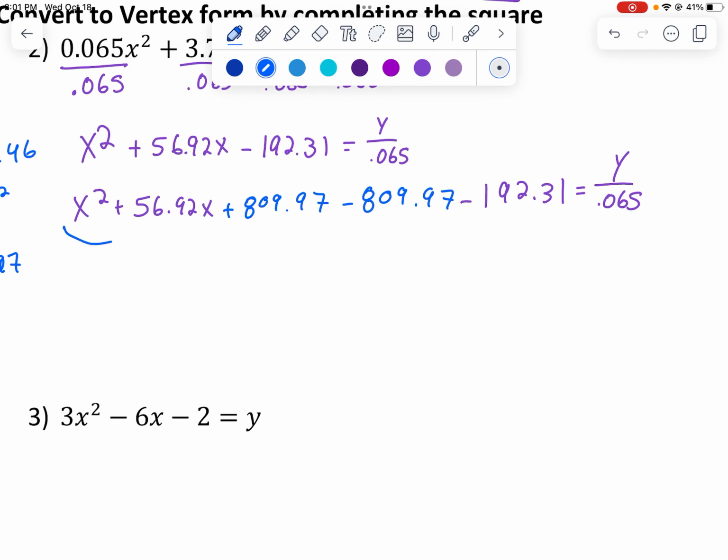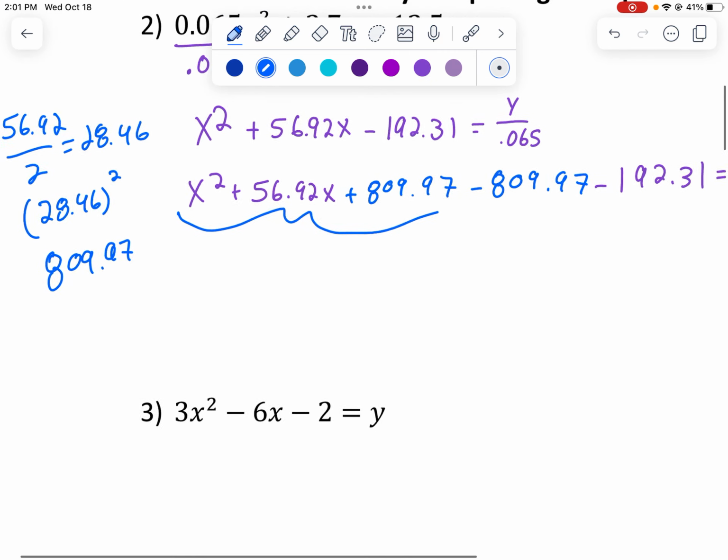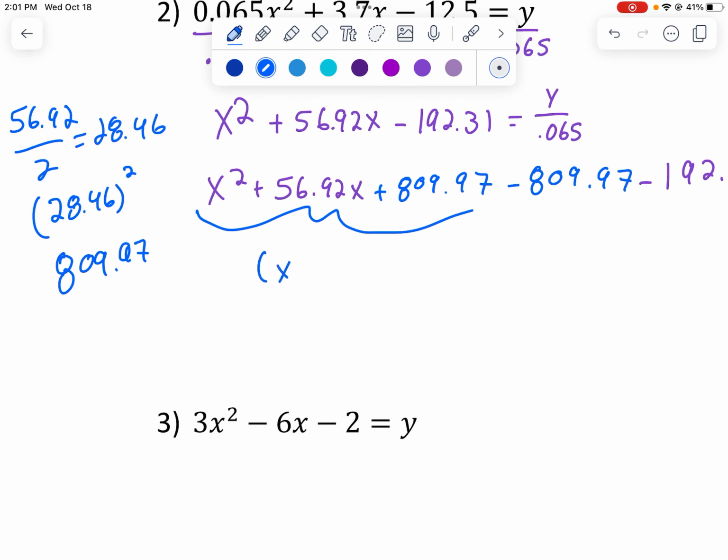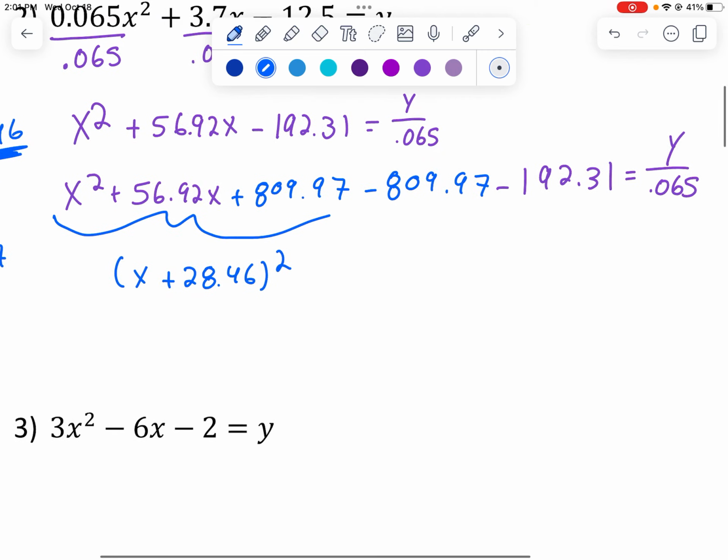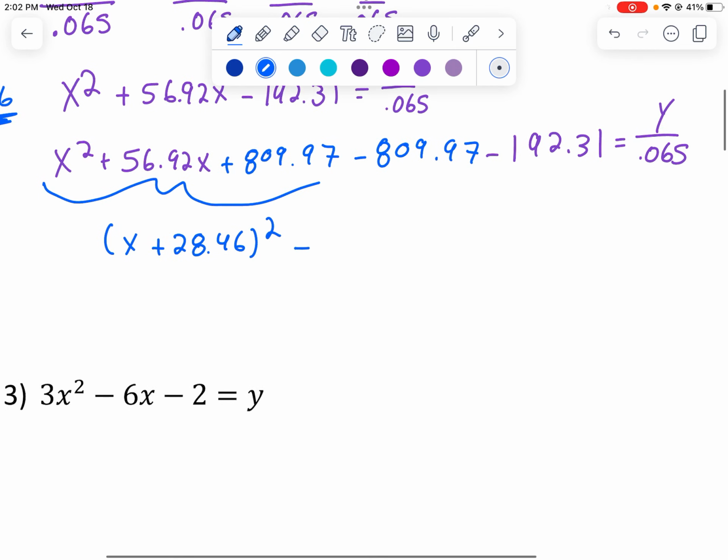Now we factor this out. It's going to leave us with x plus 28.46 squared. Again, that 28.46 is just b divided by 2. And then we'll go negative 809.97 minus 192.31. That gives us negative 1002.28 is equal to y over 0.065.